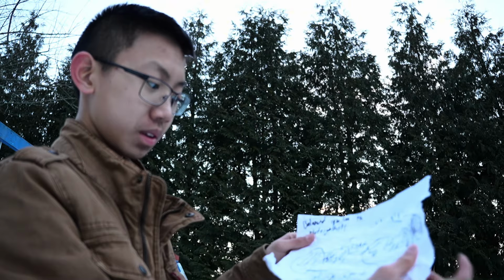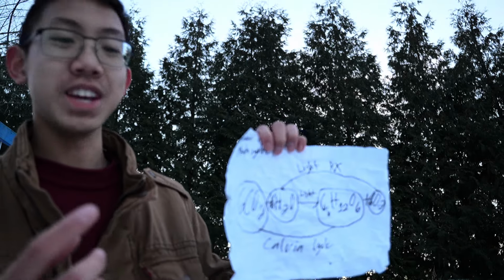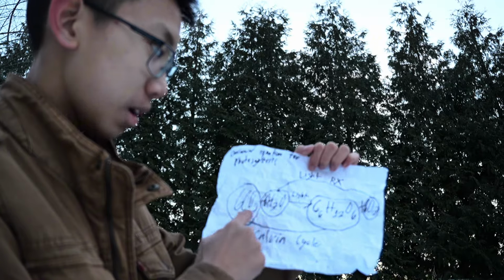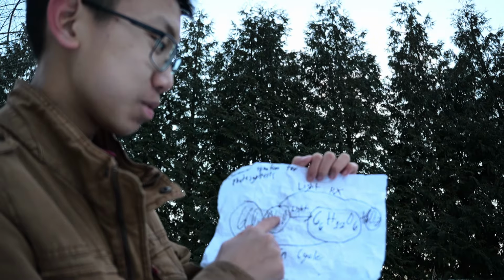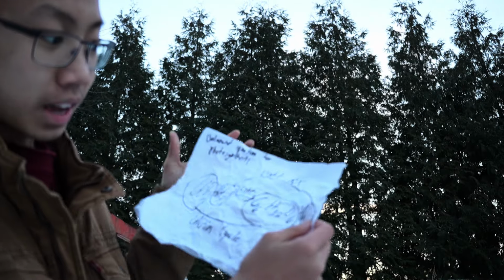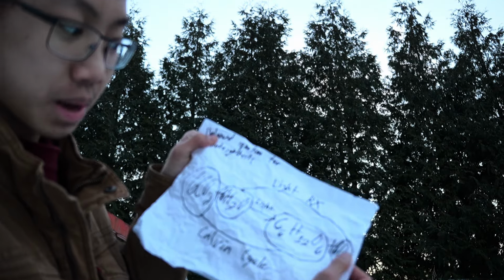But before we talk about cellular respiration, let's look at this equation for photosynthesis one more time. Now we know from the beautiful video that I just made that we're going to start here. This water goes through the light reaction and creates O2 as a main product.